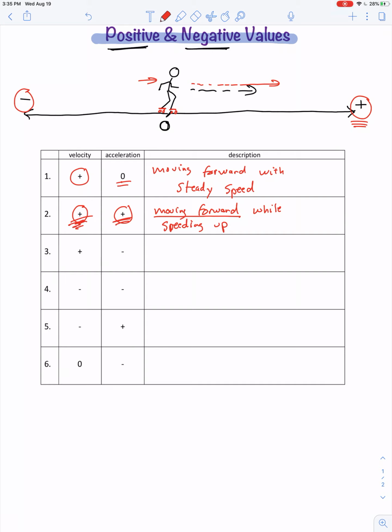Now, you're somewhere else in this room, and like a rodeo cowboy, you can swing a lasso and get a rope and have that rope end up around this person's waist. And now you're going to pull on that rope in an attempt to give a positive acceleration.